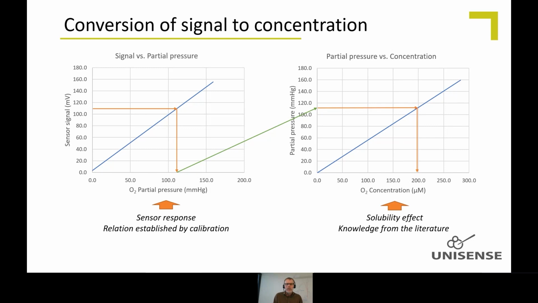So this is the sensor response, and this is the solubility effect. This depends on both salinity and temperature, and that is known from the literature. There are tabulated values built into the software, and that's how the conversion is made. The sensor relation is established by calibration.